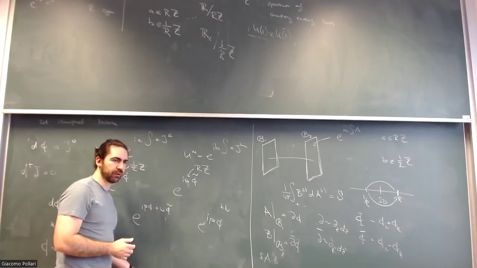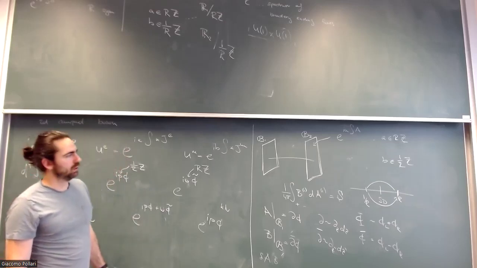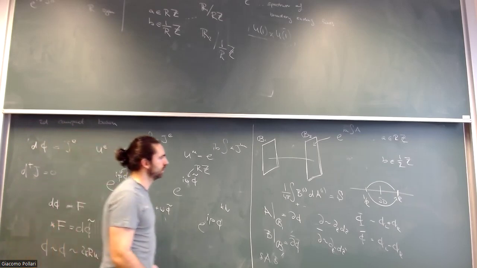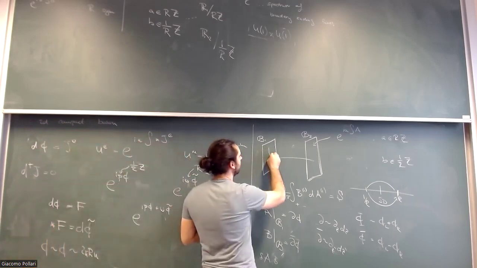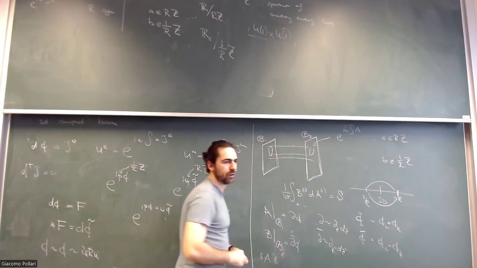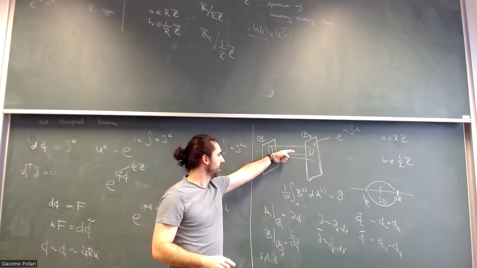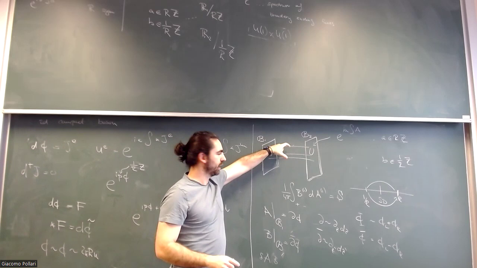So if it's a surface, can you draw the surface in your picture? Yes. Well, yeah, it will be something like this. It will stretch from one boundary to the other, and it will act on the lines which are stretching from one boundary to the other via linking them.